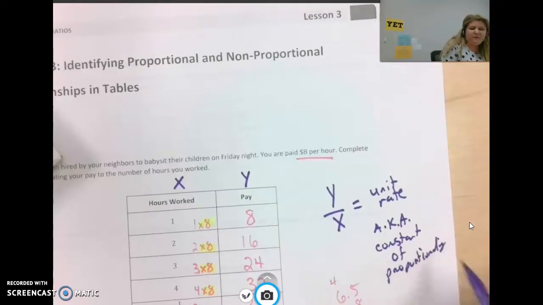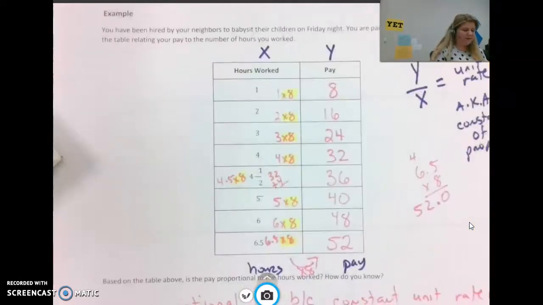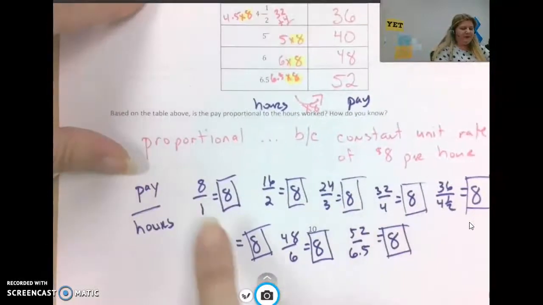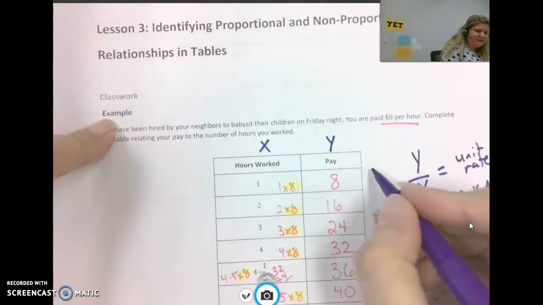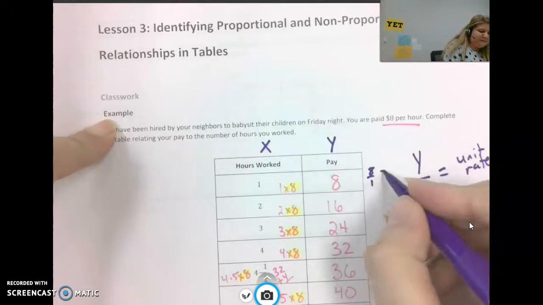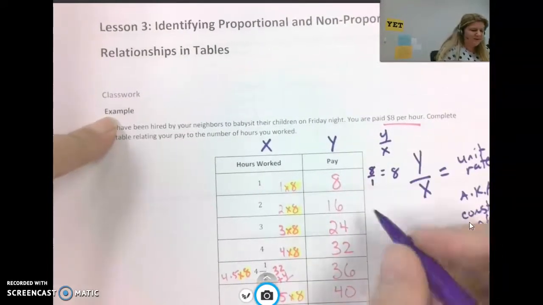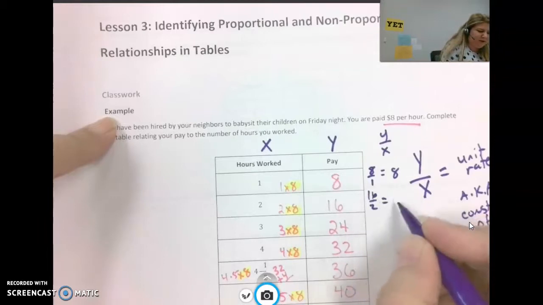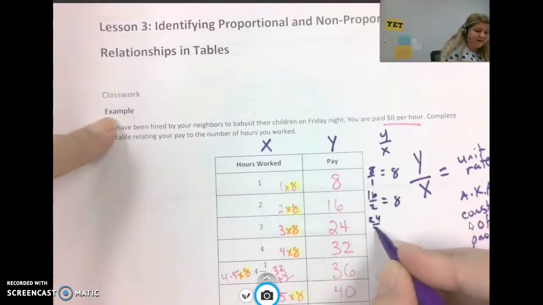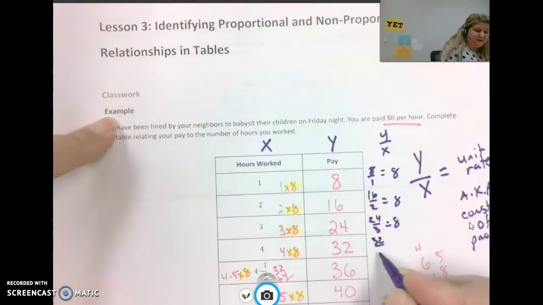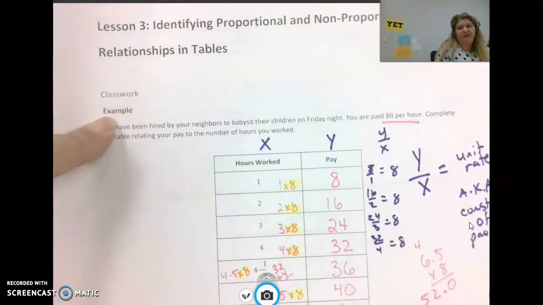So a lot of times when I'm showing my work, what I will do is I will actually put this right beside this, and then do y divided by x. That's just sometimes how I show my work. You don't have to show it that way. I'm just letting you know that is an option.